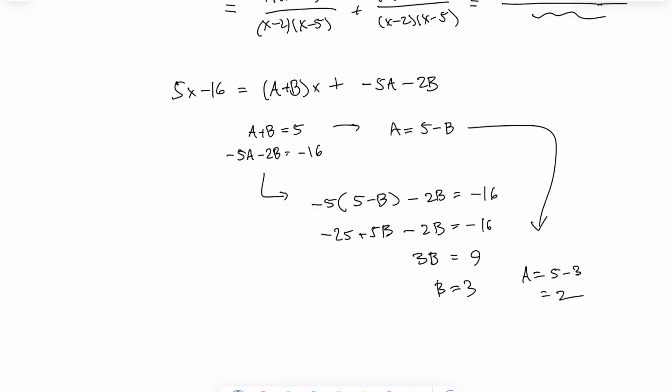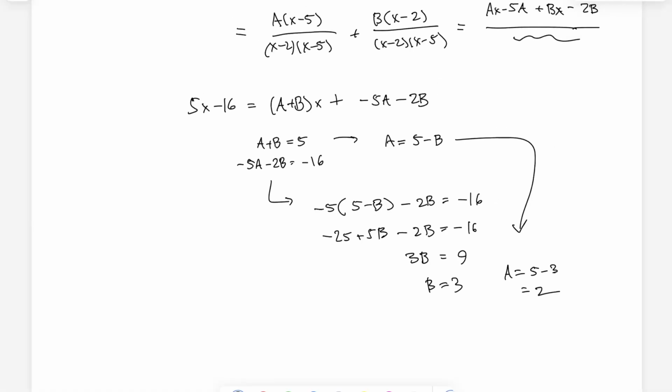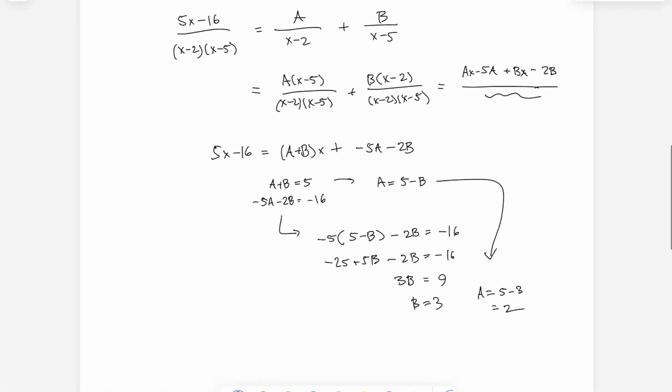And those are the coefficients at least on our partial fractions decomposition, right? So up here, if you want to do the integral of the thing on the left, it's the same as the integral of these two things added together. And we now know what the a's and the b's are.